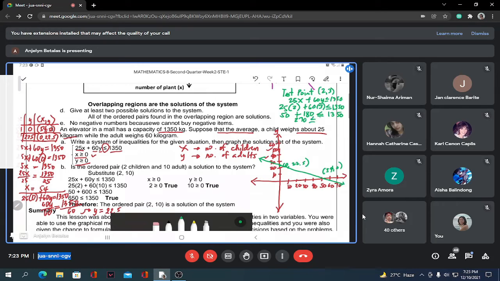Is 230 less than or equal to 1,350? Yes, ma'am. So it is true.